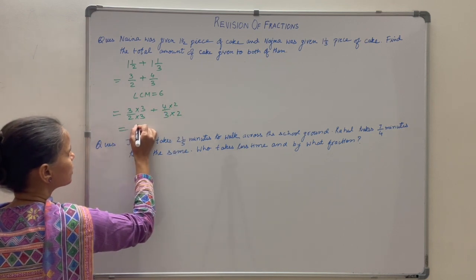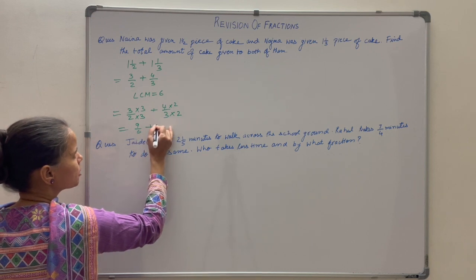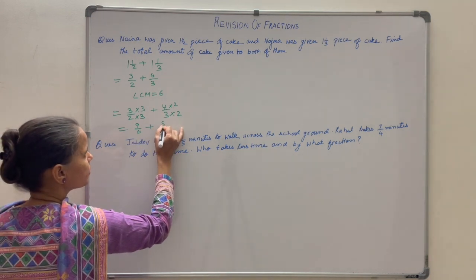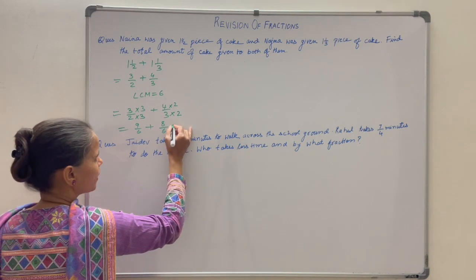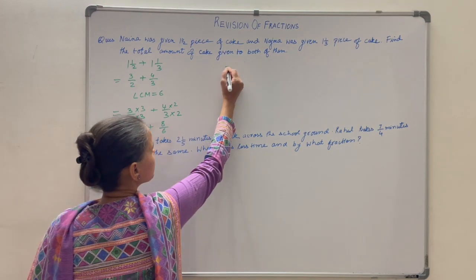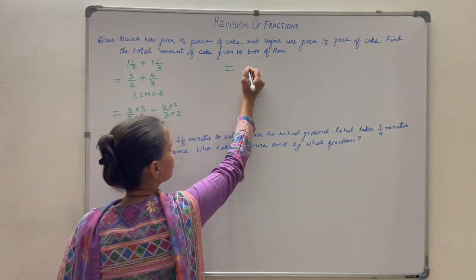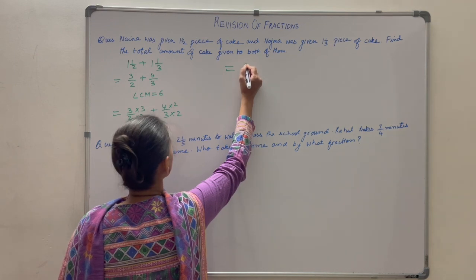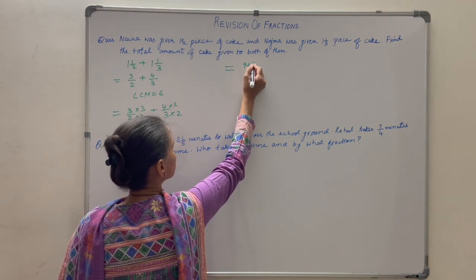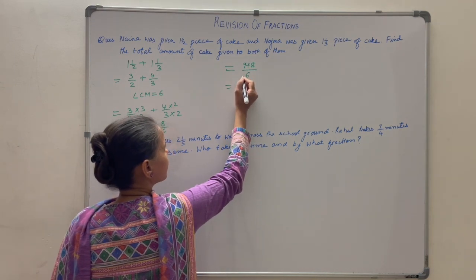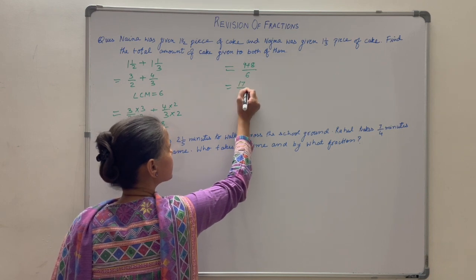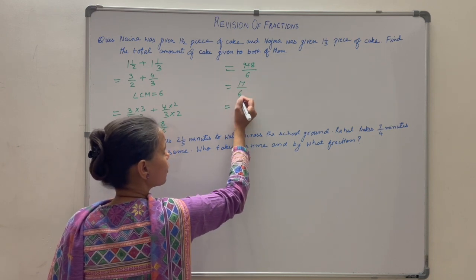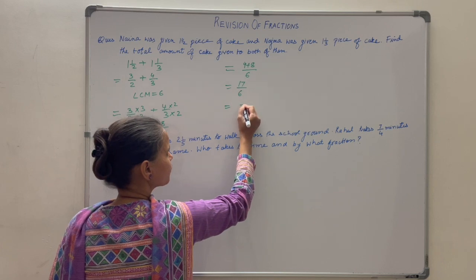So what you get here? 9 by 6 plus 8 by 6. You just need to add the numerators because the denominators are same. So 9 plus 8 by 6. 9 plus 8 is 17 by 6. So now if you divide 17 by 6, what will you get?